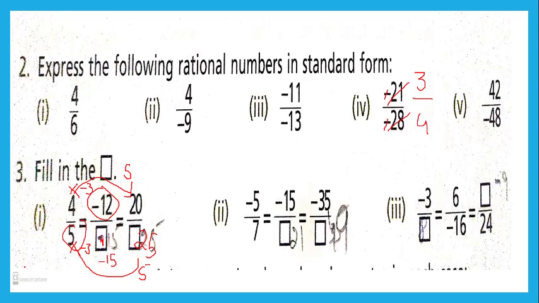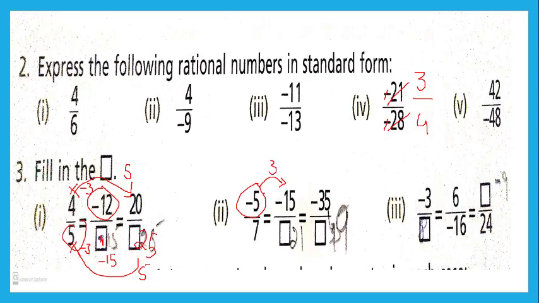Now coming to the second part, which is minus 5 by 7 is equal to minus 15 by dash, which is equal to minus 35 by dash. Now I can see that this minus 5 is multiplied with a certain number so that the result is minus 15, and that number is 3.